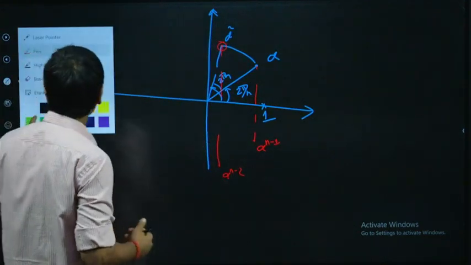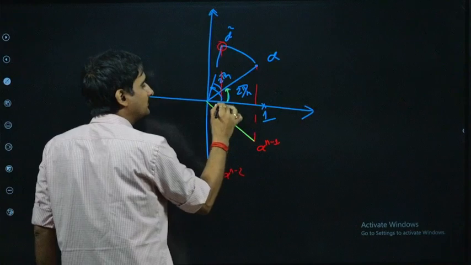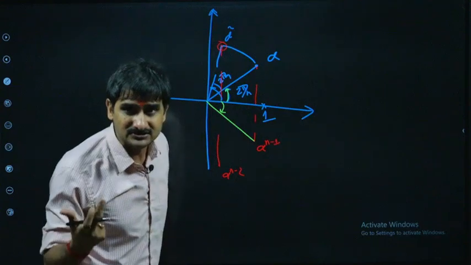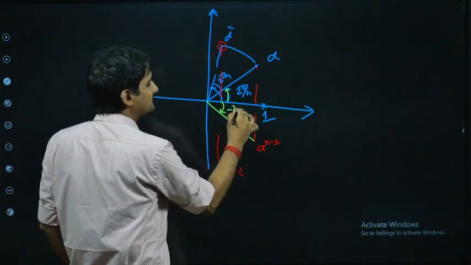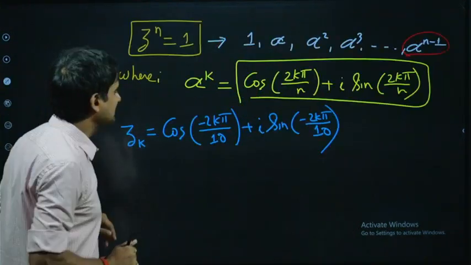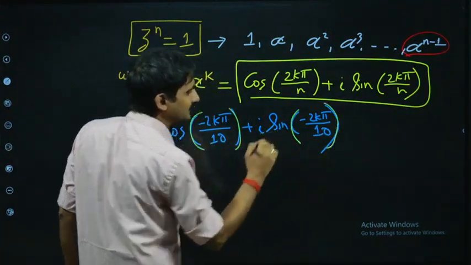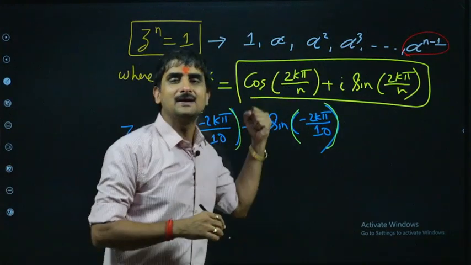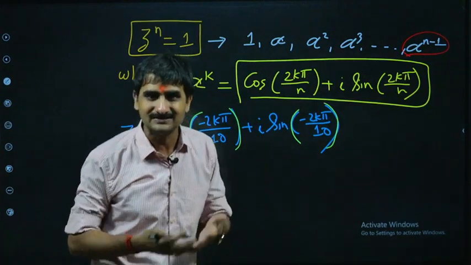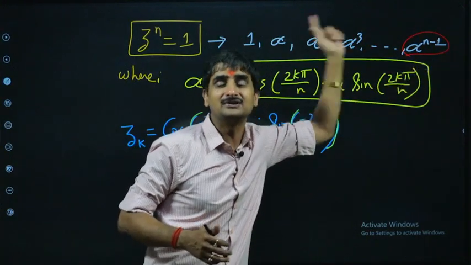If this angle is 2 pi by n, then for its conjugate we rotate in the clockwise direction from the positive real axis, so this angle has to be minus 2 pi by n. So if I reverse my angle, instead of taking 2k pi by n, I take minus 2k pi by n, the first complex root will be the last complex root in this form.